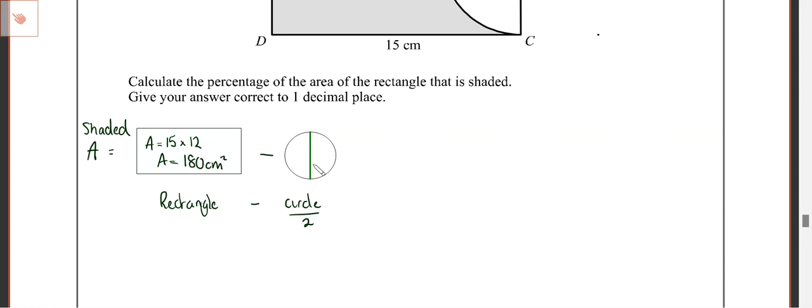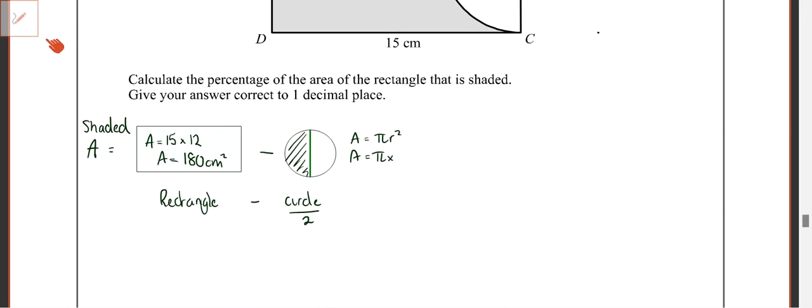Square centimetres. And we only want half the circle, so a circle's area is pi r squared. What did we say r was? 6. So you should have 6 squared. So the area of the entire circle is 36 times pi. What do you get for that?